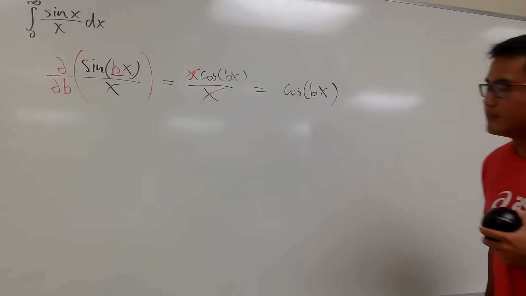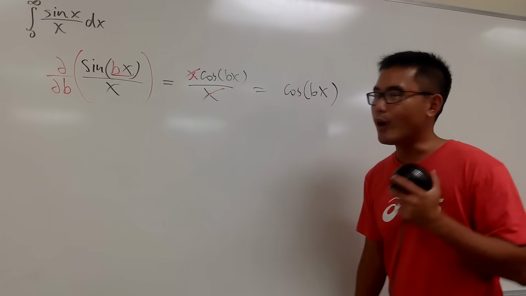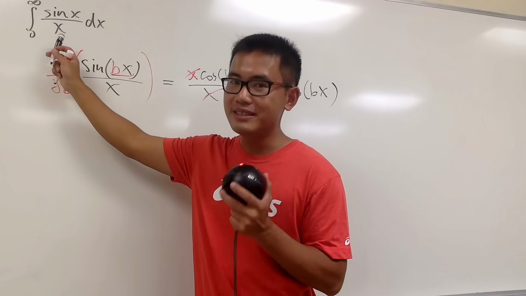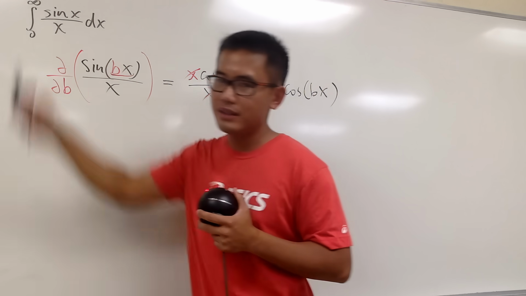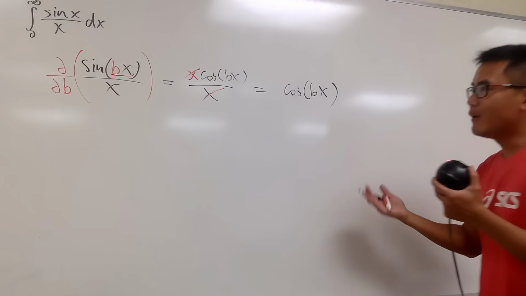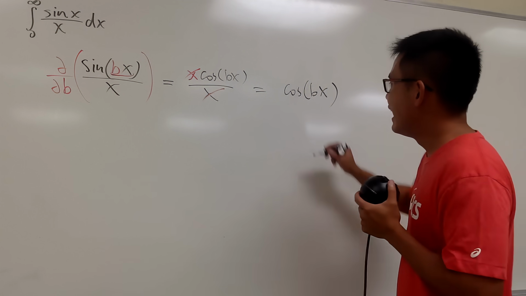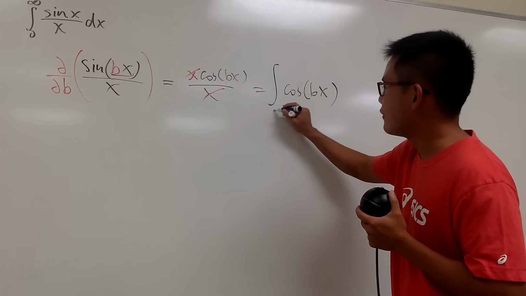And that's wonderful. However, here's a problem. Originally, we have sin x over x, and this is the improper integral going from 0 to infinity. If I change the integrand, I haven't integrated anything yet. I still have to integrate this from 0 to infinity.